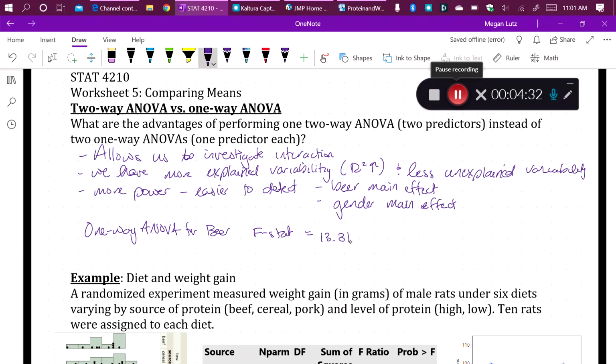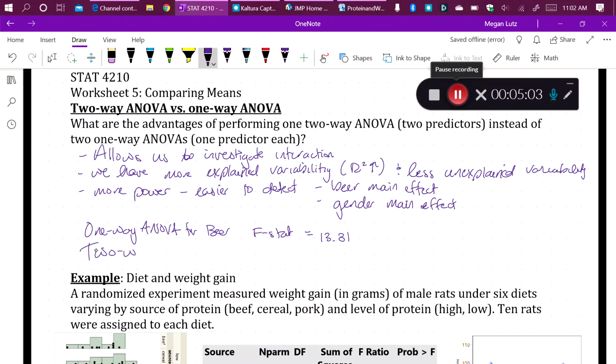The unexplained variability, however, has decreased because we have explained more variability by also measuring gender. It hasn't gone into beer. We've still explained the same amount of variability for beer. The differences between the beer group means is the same. But by also looking at what's going on between the genders and for the interaction, the unexplained variability has decreased.